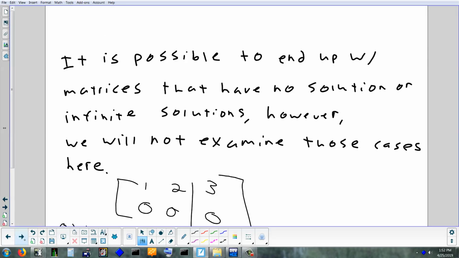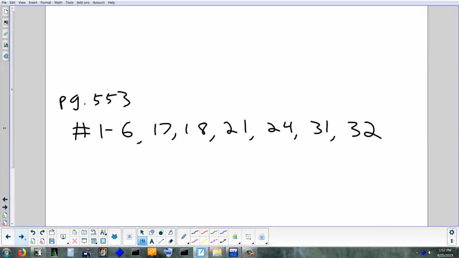All right. So homework 1 through 6. Those aren't even actually full problems. It just says what would you multiply row 2 by to make it cancel row 3. So all you have to do is say I would double it or I would triple it. So those ones are really quick. 17 and 18, those are 2 variables. 21 is a 3, but I'm going to get rid of one of them.